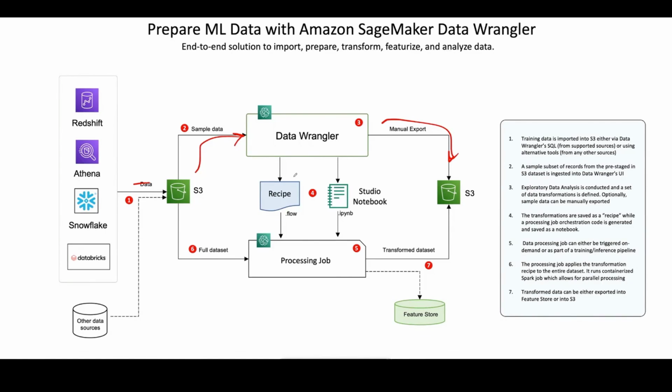The main power of Data Wrangler is the fact that you could just operate on a sample data, come up with a recipe, and then Data Wrangler will generate orchestration code for you to apply that recipe in any other environment, in production, staging, pre-staging, in a repeatable manner.